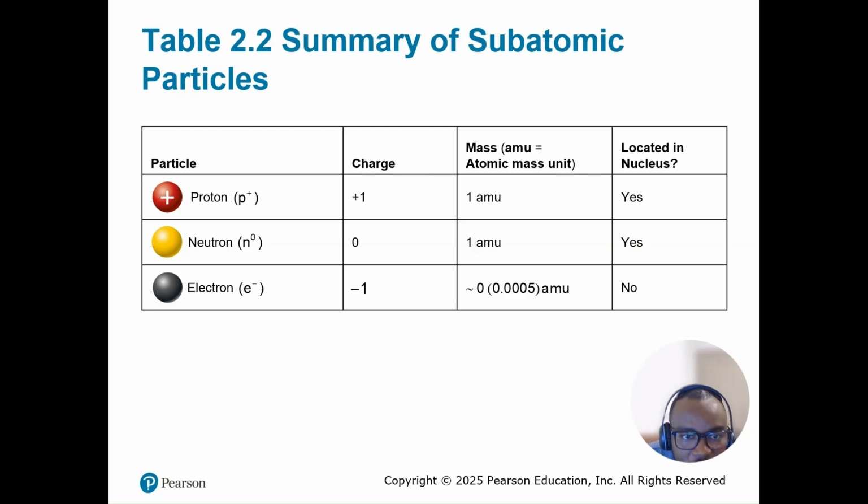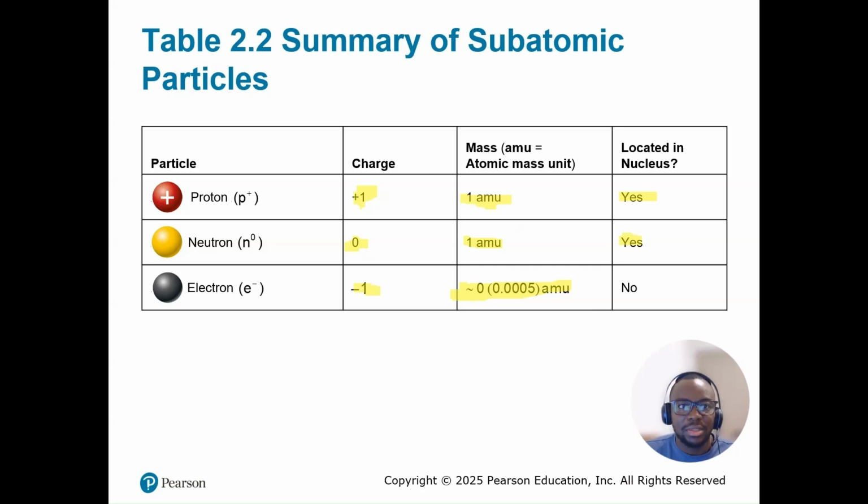Protons have a charge of +1, a mass of 1 atomic mass unit, and reside in the nucleus. Neutrons have a charge of 0 or no charge, a mass of 1 atomic mass unit, and also reside in the nucleus. Electrons have a charge of -1 and a very negligible mass.